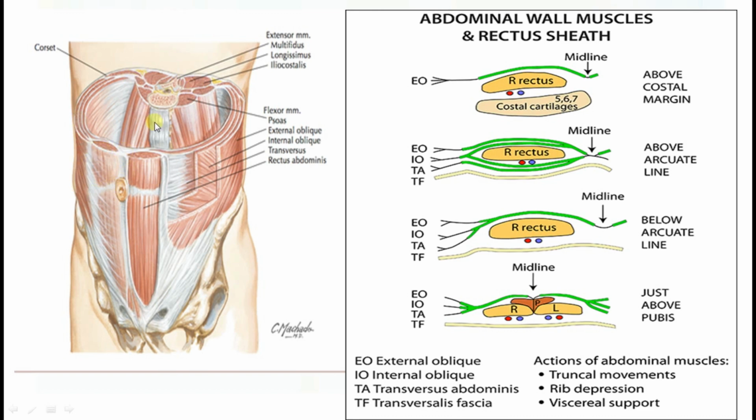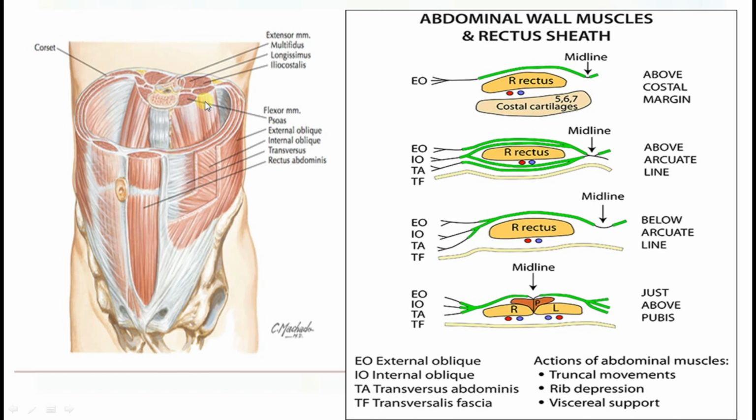This is the posterior abdominal wall. You have the lumbar vertebra, the anterior longitudinal ligament, and this is actually your psoas major and the quadratus lumborum muscles. Okay, this will be covered by your psoas fascia, and this quadratus lumborum will be covered by the thoracolumbar fascia.